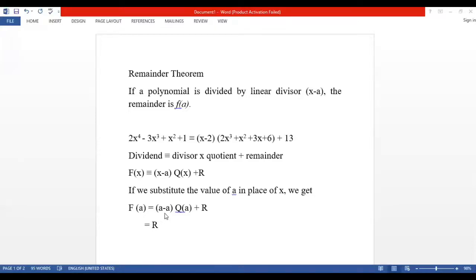When this 0 term is multiplied with the quotient of a, the whole term becomes 0, and we are only left with the remainder. So that tells us that the function in terms of a, which means when we substitute x with a, we get the remainder. Now let's look at an example of doing this.